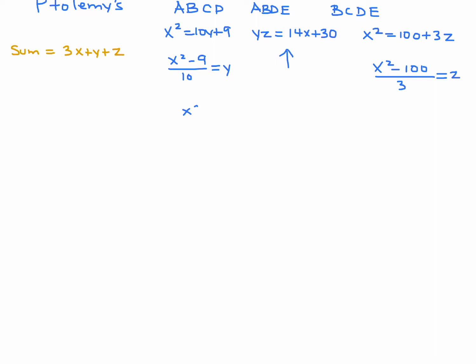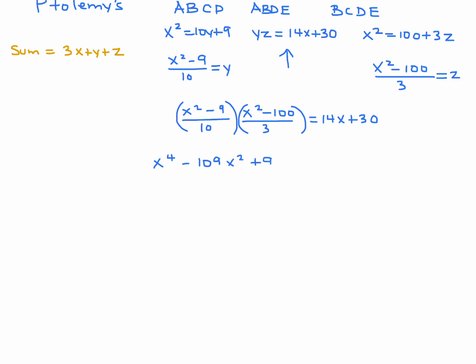So I get (x squared minus 9) over 10 times (x squared minus 100) over 3 is equal to 14x plus 30. If you multiply through, you get x to the power of 4 minus 109x squared plus 900.